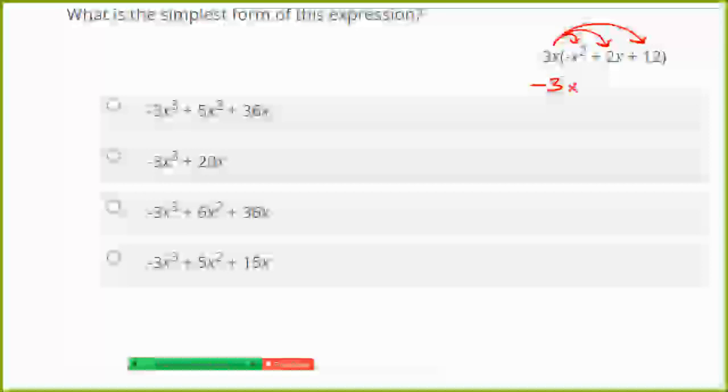Negative 3x to the third. Oh, let me stop you real quick. Negative 3x, okay, negative 3. I see where you got that. How do you know it's x to the third power? Because it's already 2, but there's another one being in there, so you get the 3. Good. Thank you. Next.